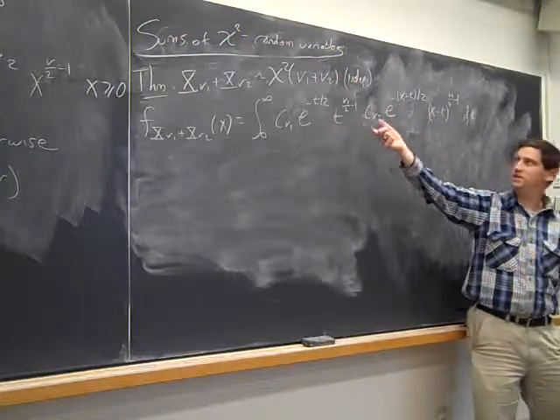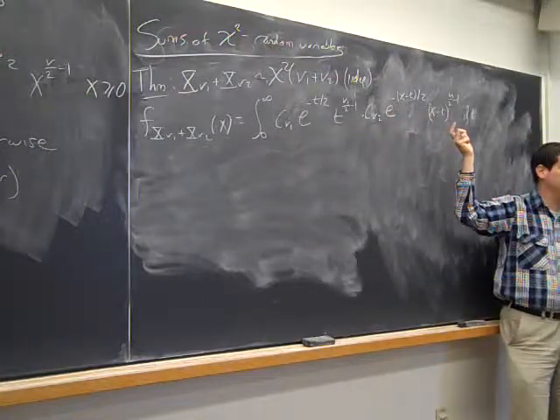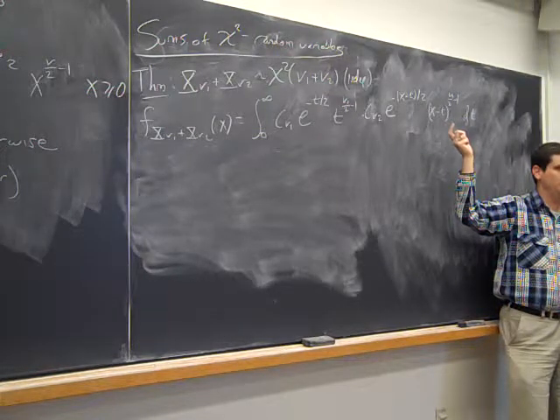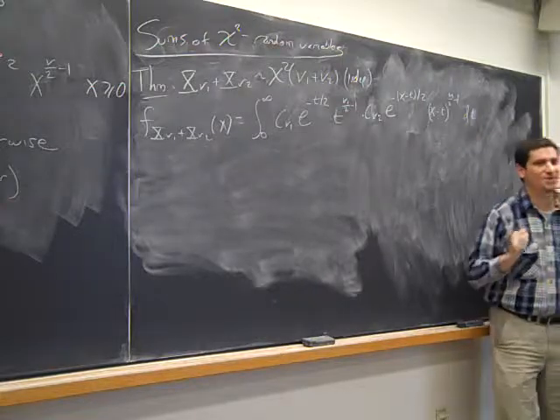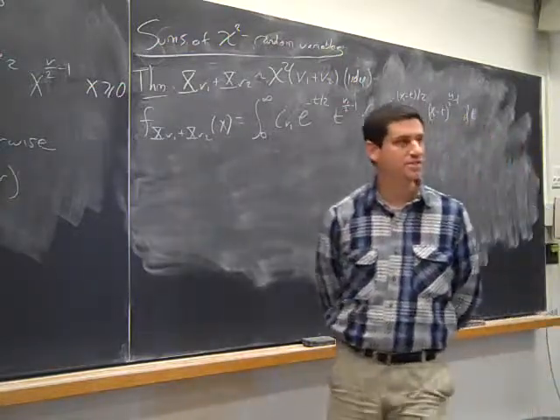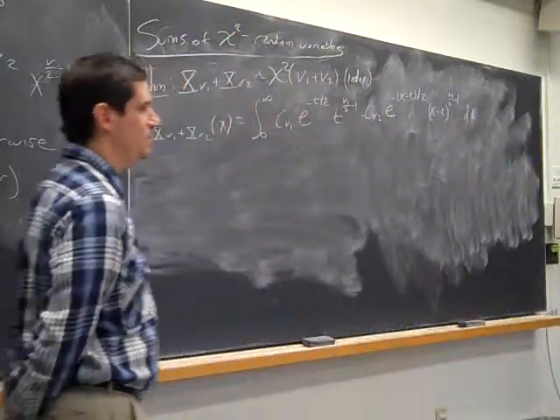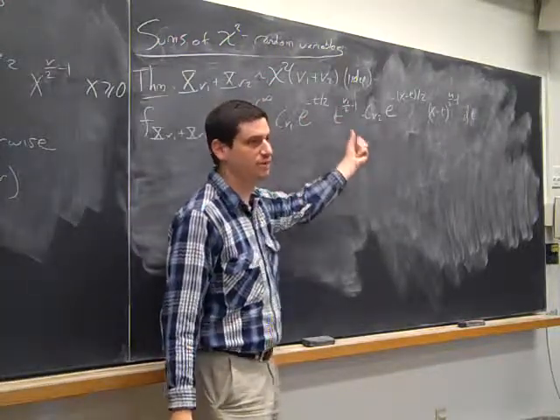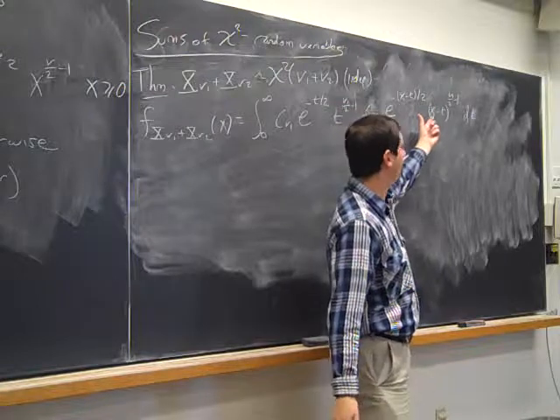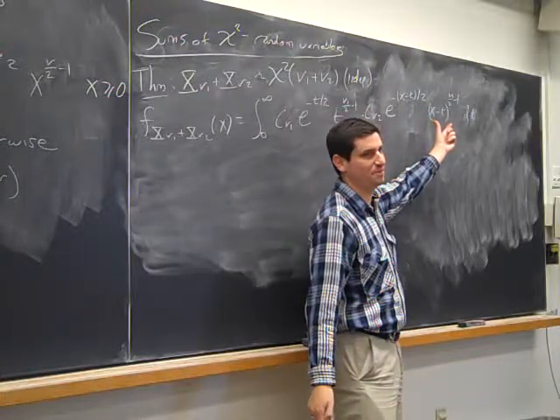I evaluate the first at t, I evaluate the second at x minus t. Where's the mistake? Bounds of integration, excellent. This is the most often made mistake. This is the density only if t is between 0 and infinity. This is the density only if x minus t is between 0 and infinity.